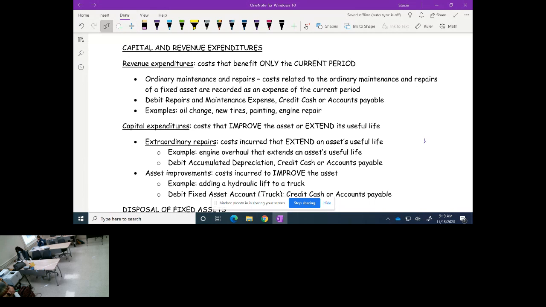Revenue expenditures sounds fancy, but the equivalent would be repairs expense, maintenance expense. It's just oil changes, rotating tires, lubing up machinery, or changing air filters. It's just maintenance, so it's ordinary stuff.